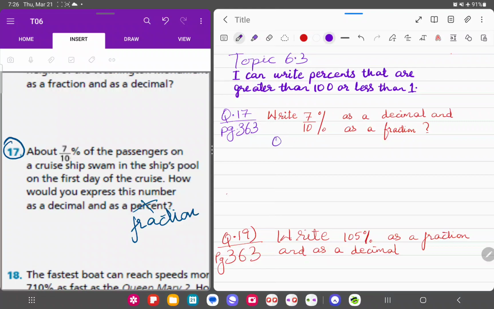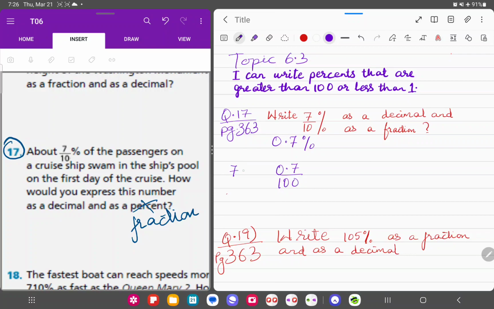so we can write it as 0.7%, because 7 over 10 is the same as 0.7. So this is my answer in percent. Now, if I want to convert this to fractions, I will say it is 0.7 over 100, correct?